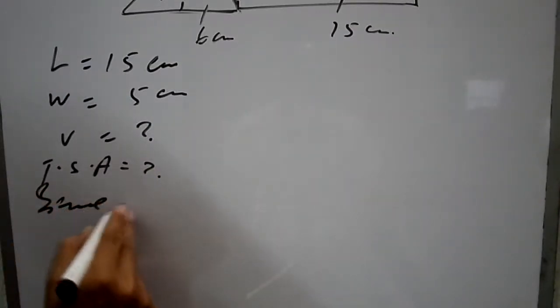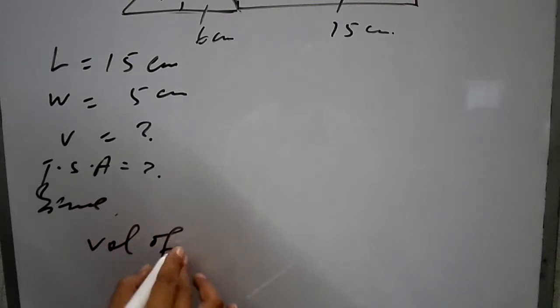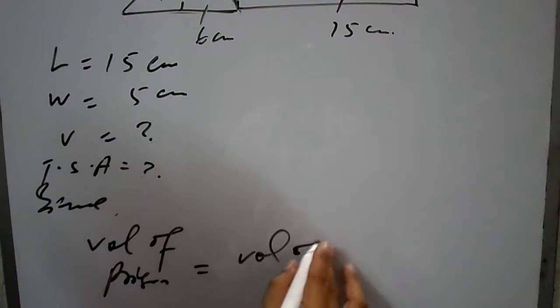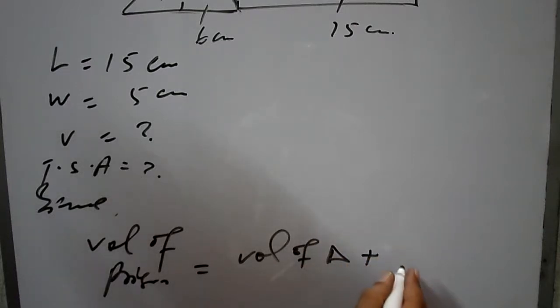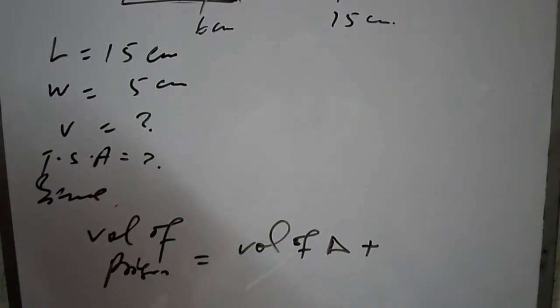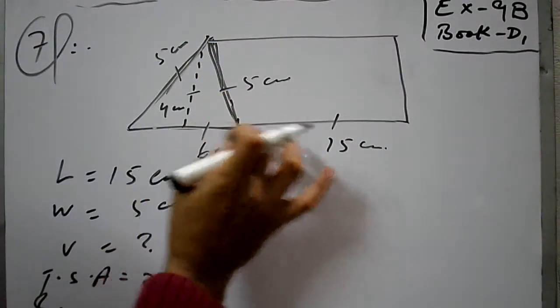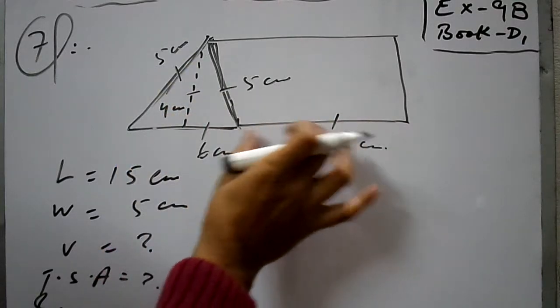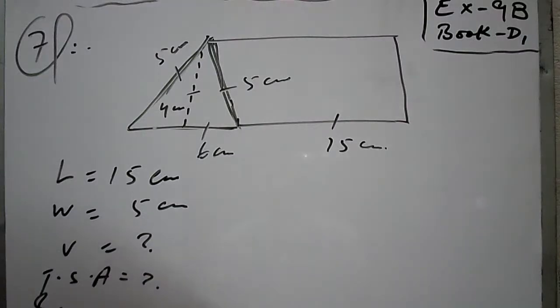We have a formula: volume of prism is equal to area of triangle into length, so it will be volume. So the volume of the triangle is equal to the volume of the prism.